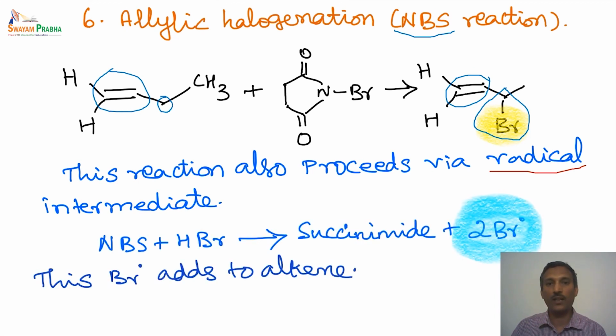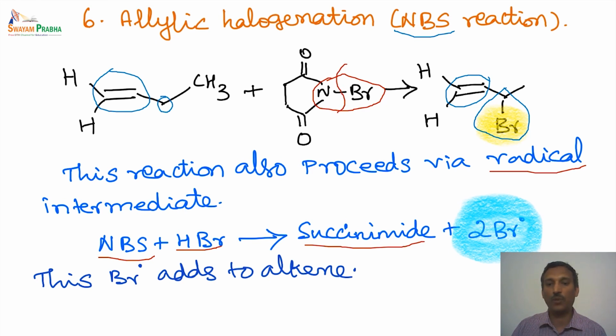So how is the radical intermediate generated? The NBS, or N-bromosuccinimide, reacts with a trace amount of HBr which is present in the N-bromosuccinimide. That forms succinimide, and the bromine is formed. This N-Br bond is actually homolytically cleaved to give the bromine radical.